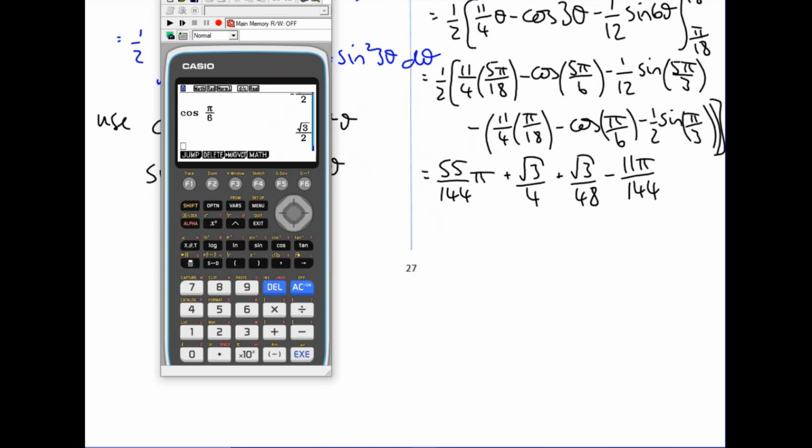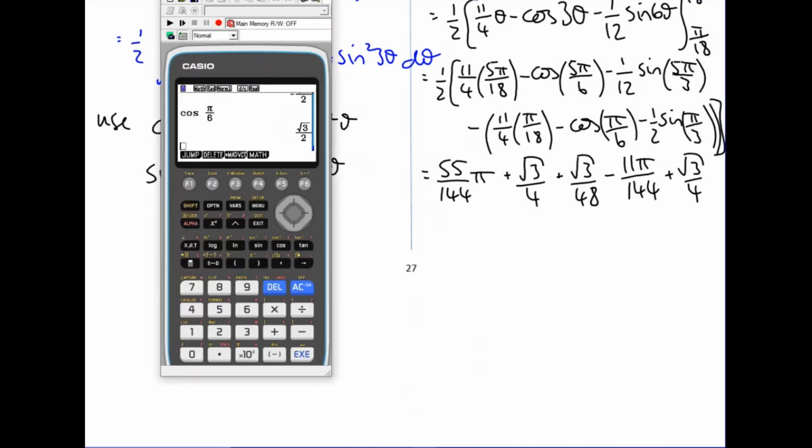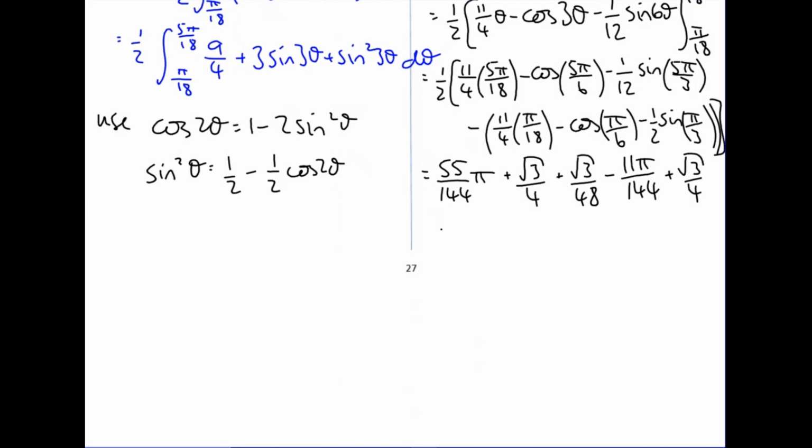I've got minus, which again is going to make that positive, and times it by a half gives me plus root 3 over 4. And the last one I've got sine pi over 3, which is going to give me another root 3 over 2, times by a half, times by this other half. I've got minus minus, which makes plus. So that's plus root 3 over 8. You could type more into your calculator than I have done.